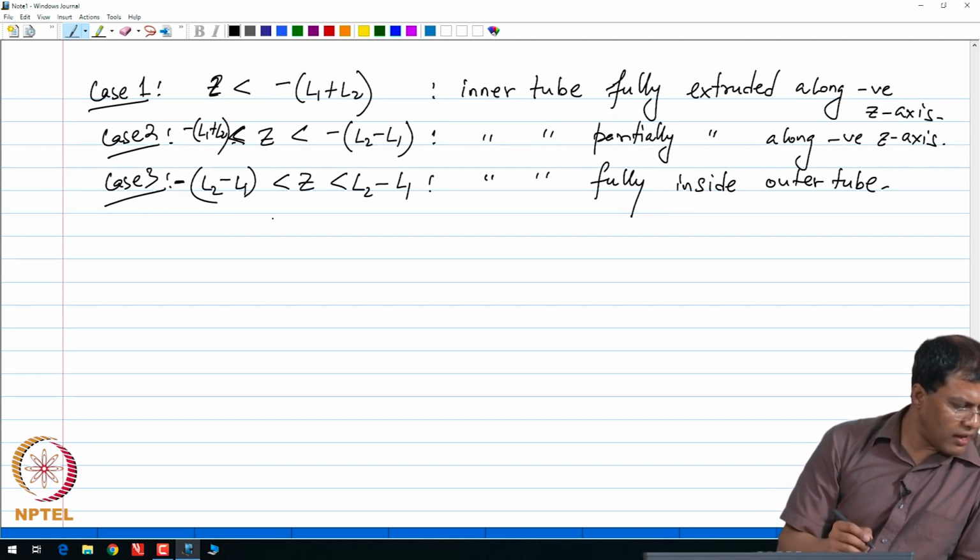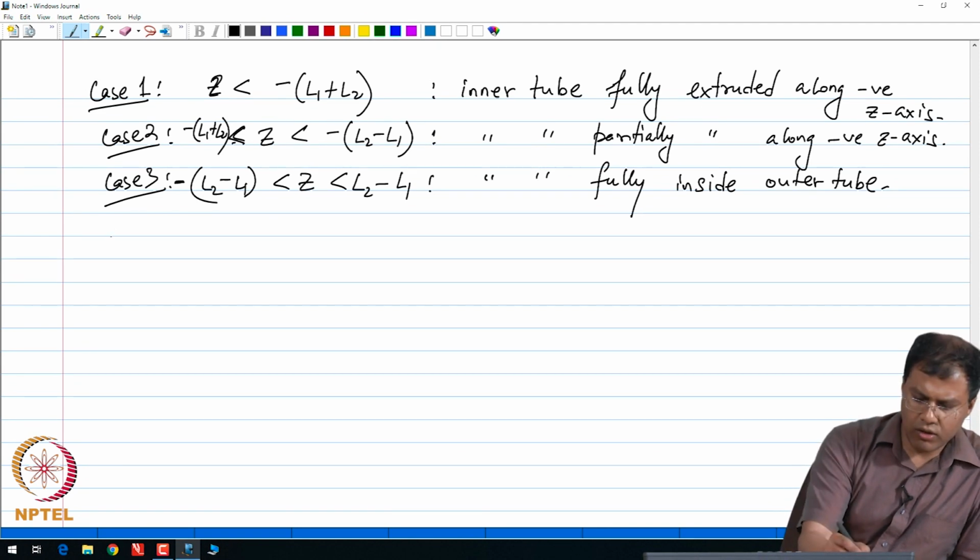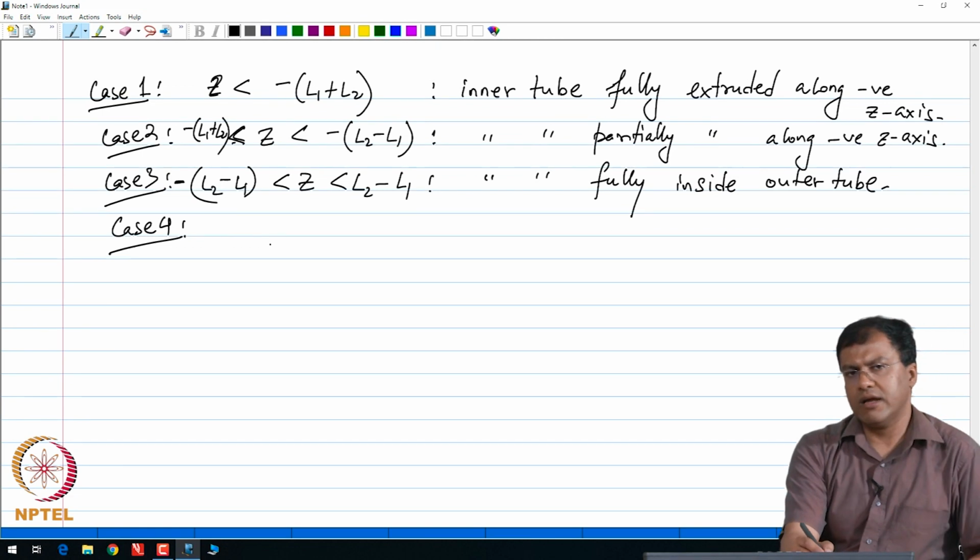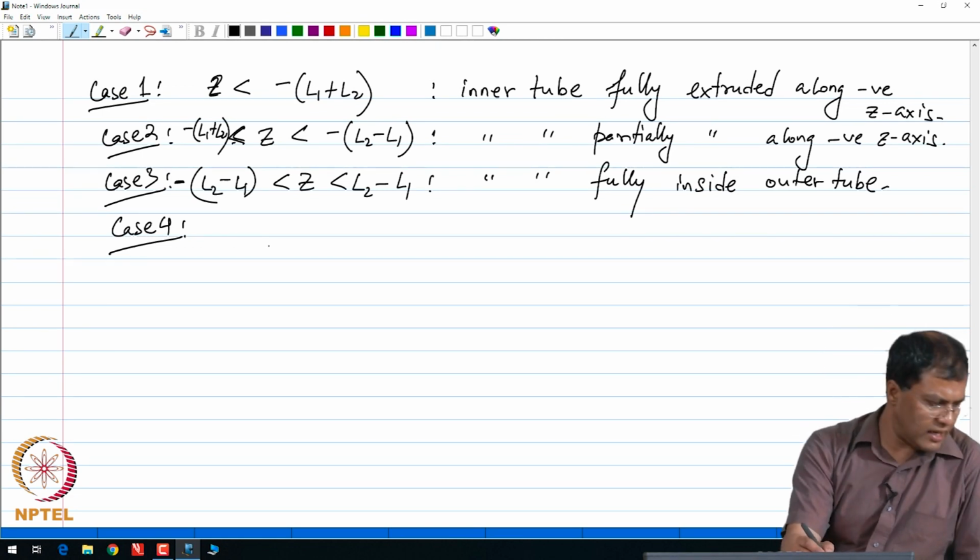Then I could also have that the inner tube is partially contained inside the outer tube, but along the positive z axis.